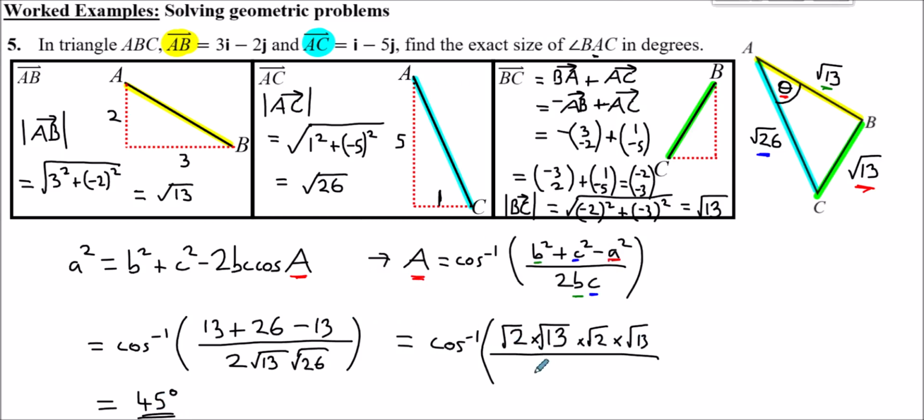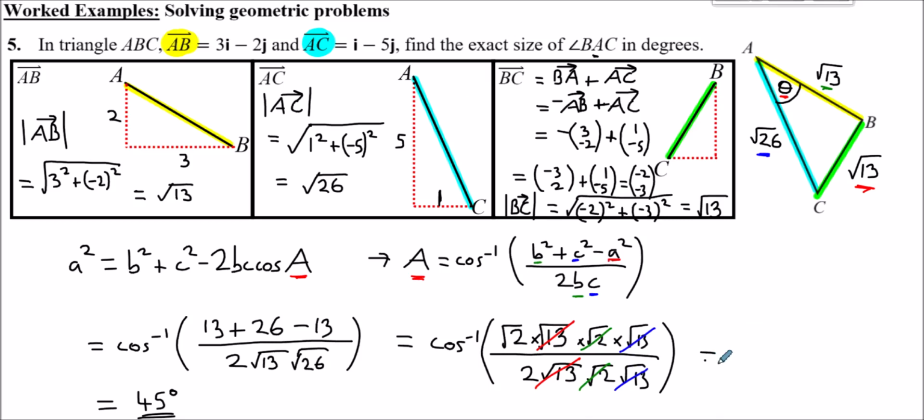In terms of doing it this way, we've got 2, root 13, and root 26, which again is the same as root 2, root 13. So if you see here, there's actually lots of cancellations you can do. So root 13 cancels that root 13, another root 13 will cancel here, and again, we can cancel a root 2 with that root 2.